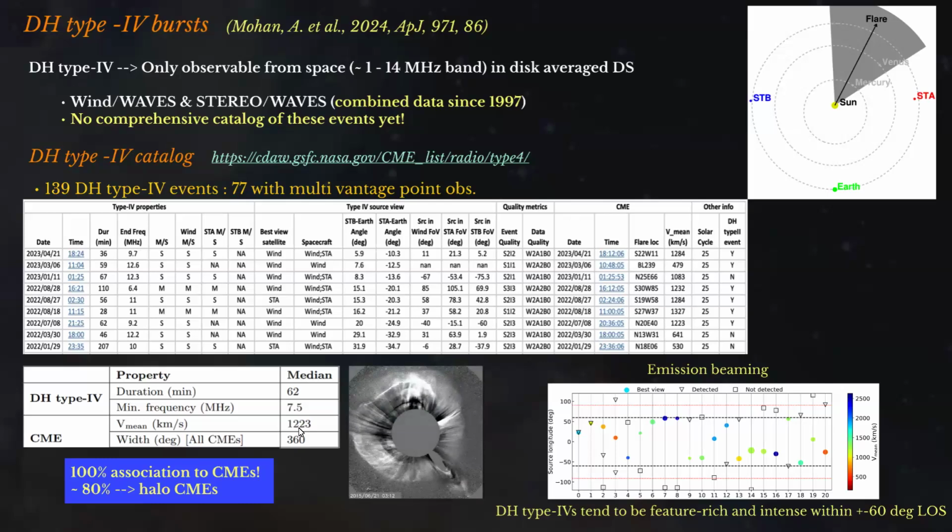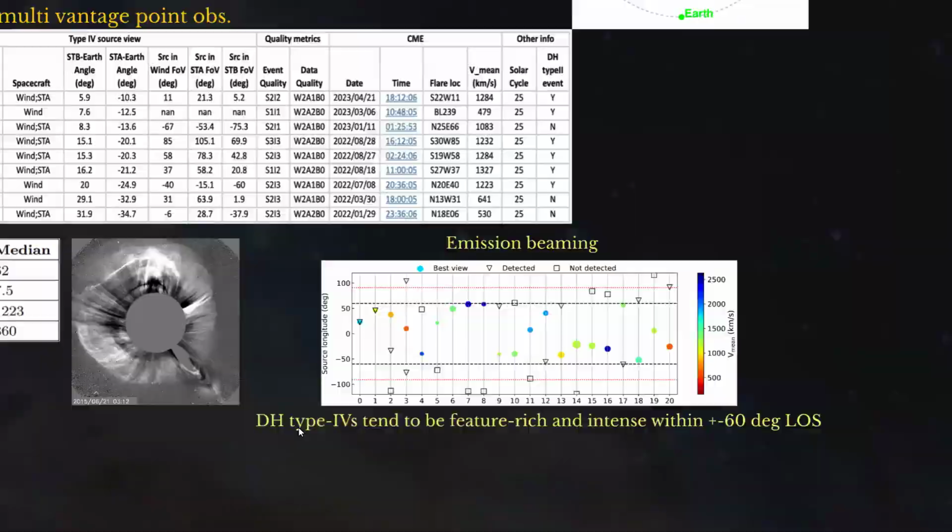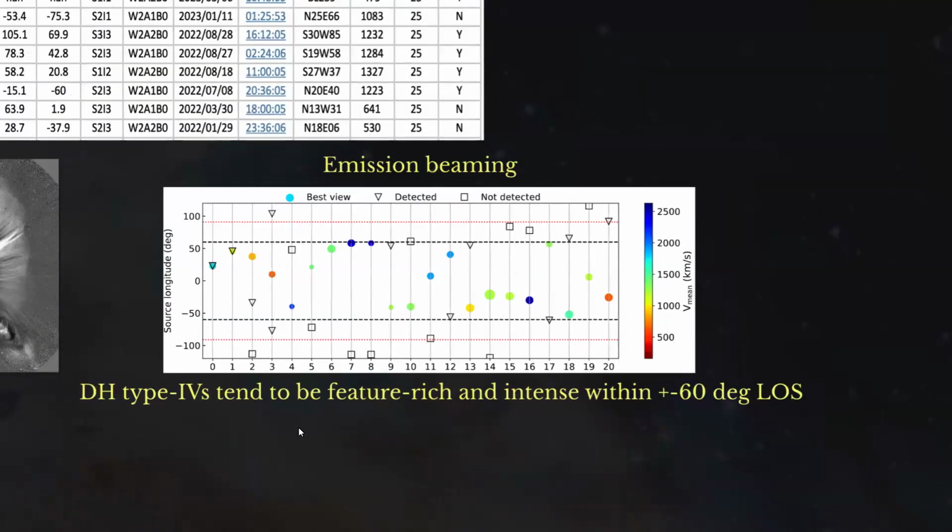And now we went on to ask how emission beaming, the inherent beaming in this emission, actually affects your detectability of these bursts. So what you see here in the x-axis are the different type 4 events which were recorded by at least 2 satellites from 2 different vantage points.